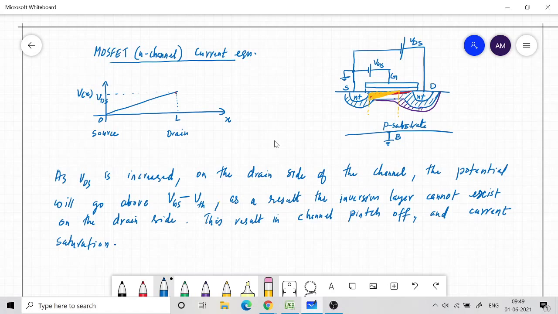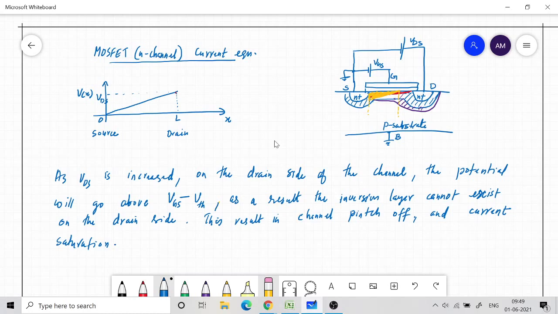But as you increase VDS, we will reach a point where the voltage on the right side of the channel is greater than VGS minus VTH. Therefore the channel cannot exist in those regions where the condition is violated, and this results in channel pinch off. Once the channel is pinched off, there is no channel for some region here, and it is only a depletion region.